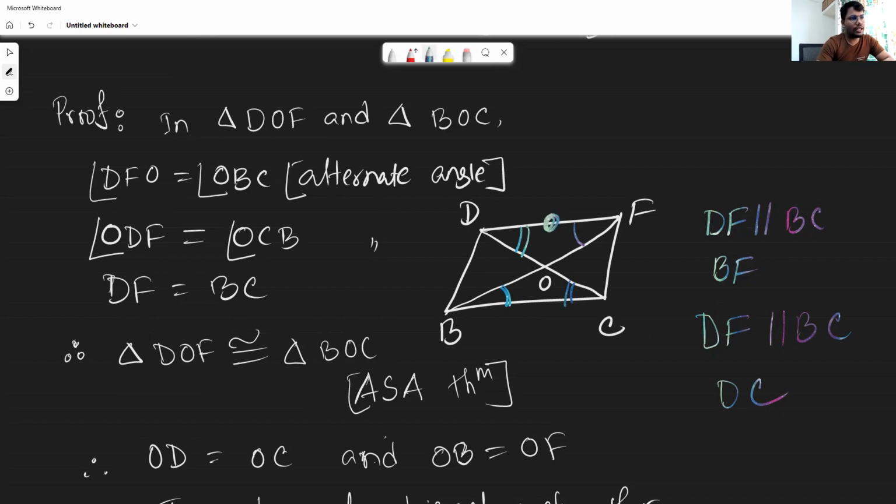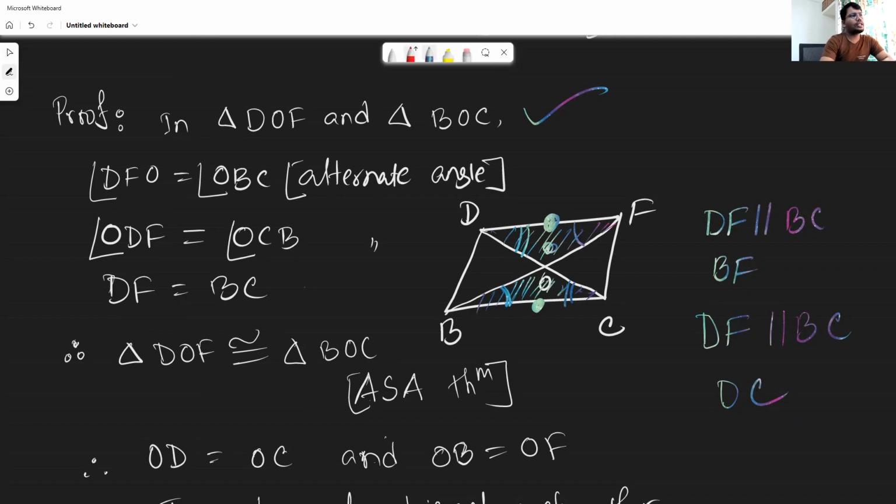Again, this side is the opposite side of a parallelogram, always the same. So now these sides are the same and the two angles are the same if we consider these two triangles. In the upper triangle and the lower triangle, if we compare them, we get two angles and one side the same. So due to the angle-side-angle theorem, we can say these triangles are congruent to each other.